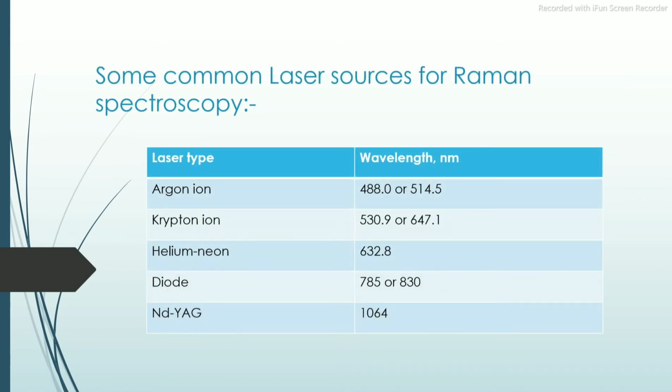Some common laser sources for Raman spectroscopy, laser type and wavelength: argon ion 488.0 or 514.5, krypton ion 530.9 or 647.1, helium neon 632.8, diode 785 or 830, and Nd:YAG 1064.